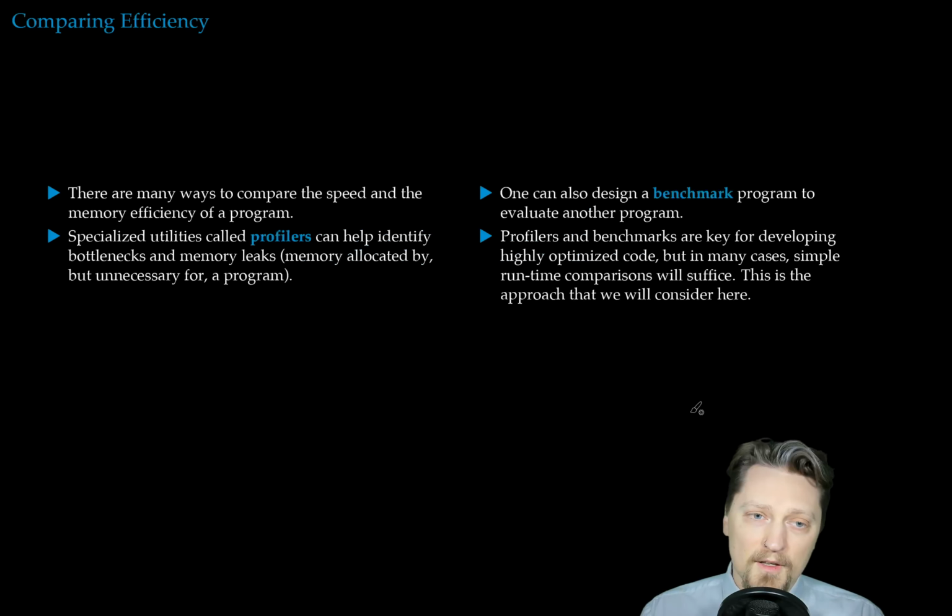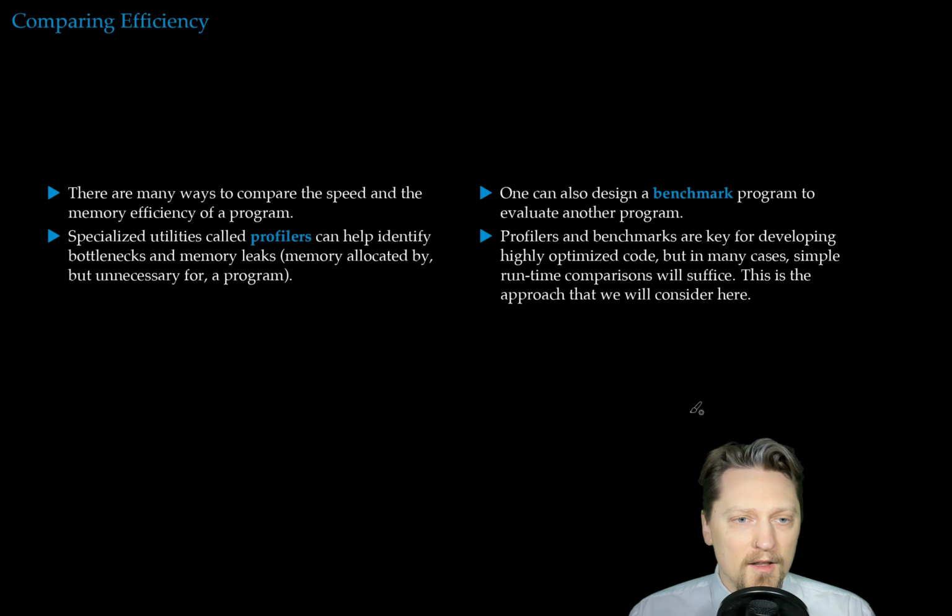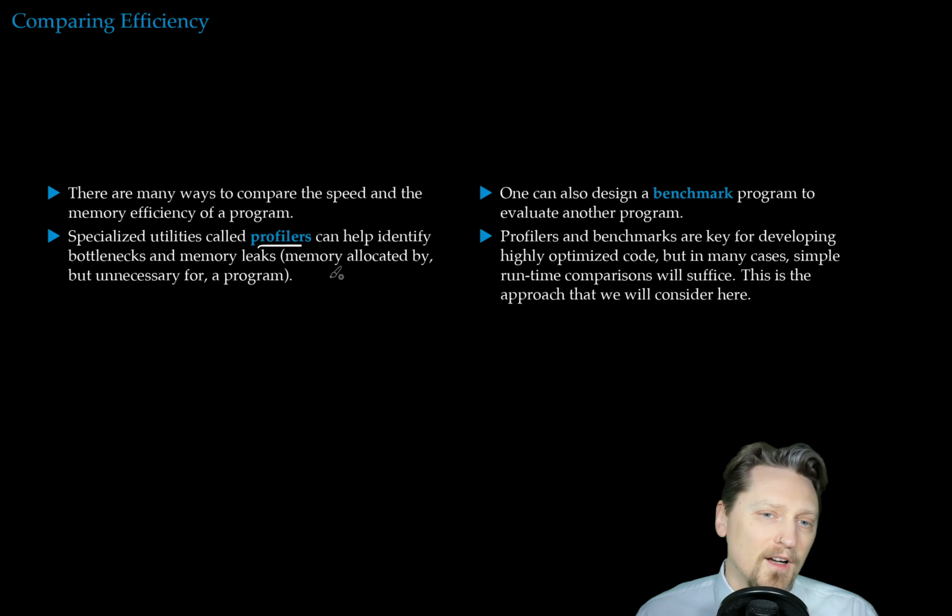Comparing efficiency. There are many ways to compare the speed and the memory efficiency of a program. Specialized utilities called profilers can help identify bottlenecks and memory leaks. Memory leaks are memory allocated by but unnecessary for a program. One can also design a benchmark program to evaluate another program.